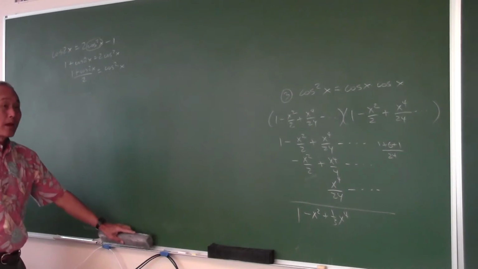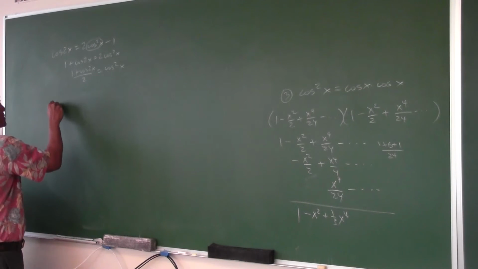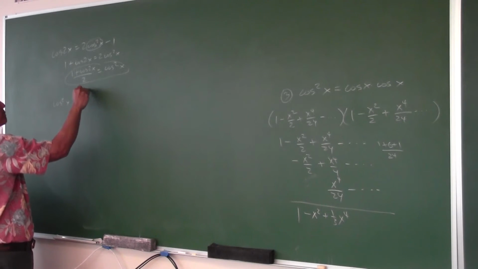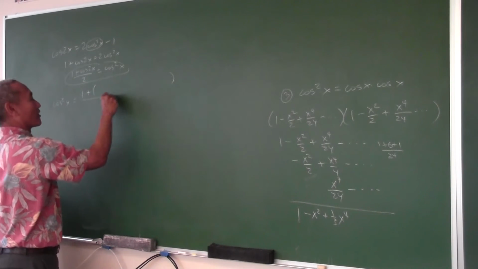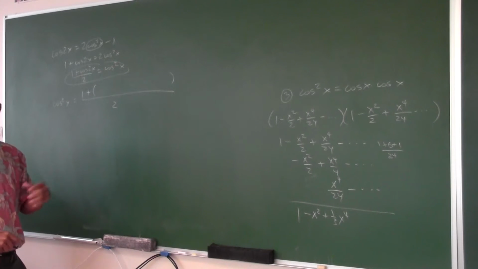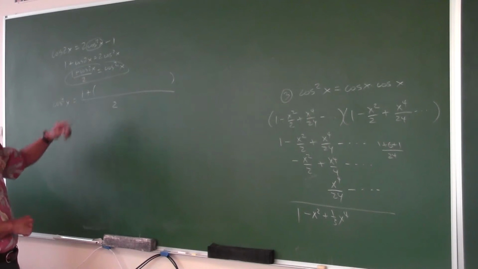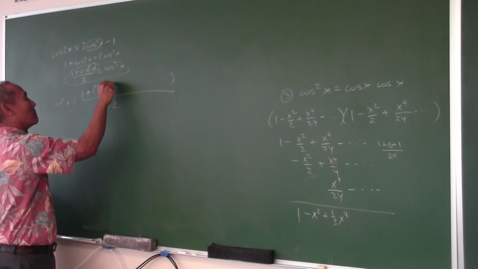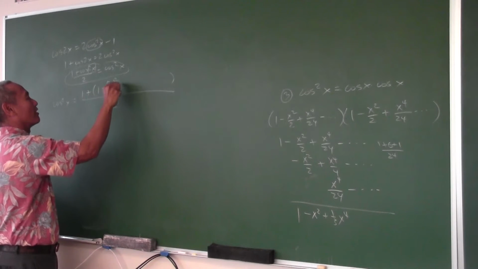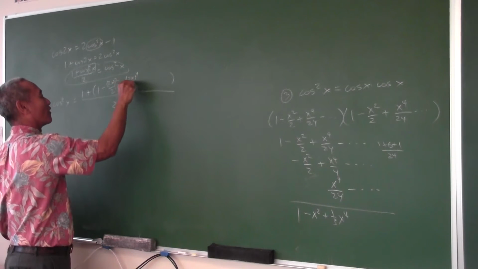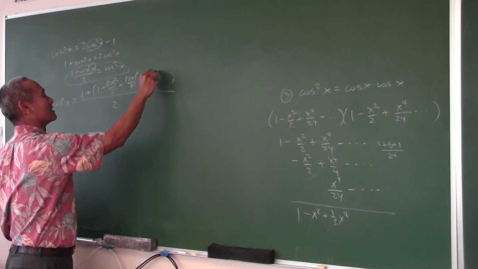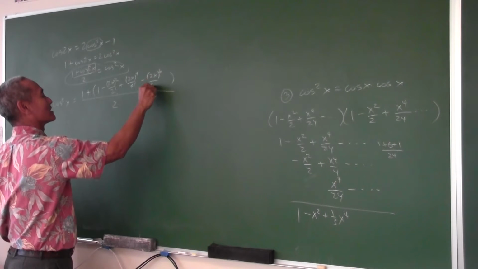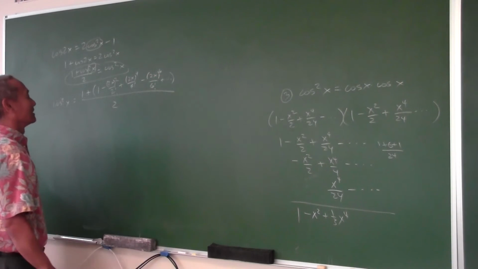So, another way to get the power series for cosine squared x then is to apply this identity. Just go 1 plus, do the power series for cosine 2x, and then divide everything by 2. So what's the power series for cosine of a box? Think of this as box. 1 minus box squared over 2 factorial plus box to the 4 over 4 factorial minus box to the 6 over 6 factorial plus dot dot dot.